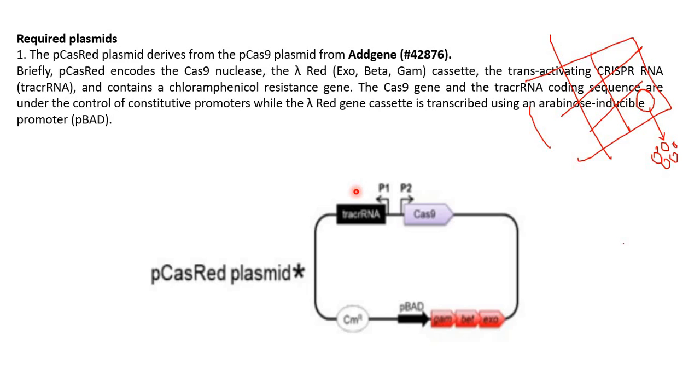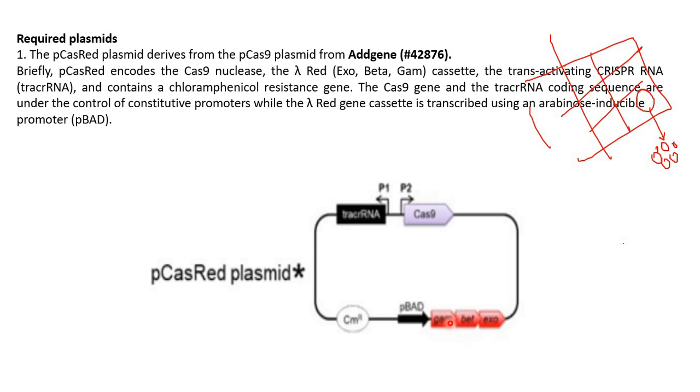What is this plasmid? As you can see, this plasmid has a chloramphenicol resistance gene. So if the bacteria is harboring this plasmid, and if you are adding the chloramphenicol, the bacteria will grow. So this is the selection marker.